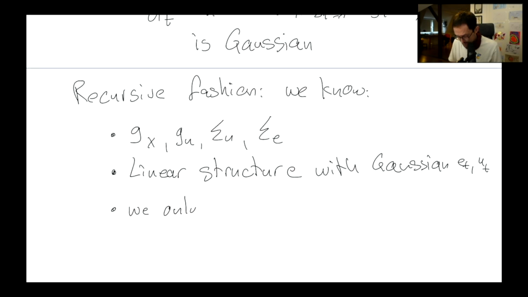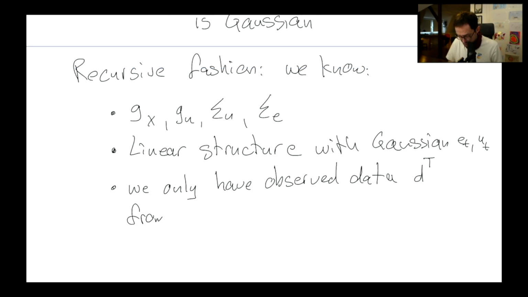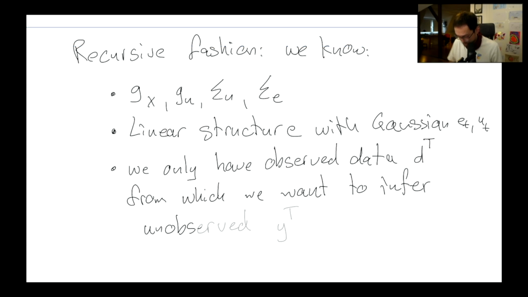We only have observed data d up to uppercase T, so my whole observations, and from which we want to infer the unobserved yt. Okay, so that would be yt, y1. All the values for all my model variables.